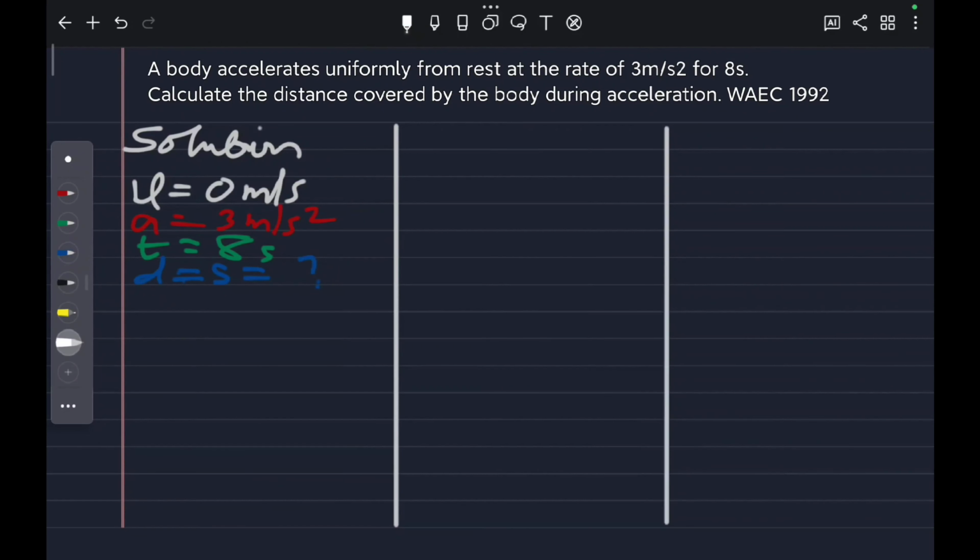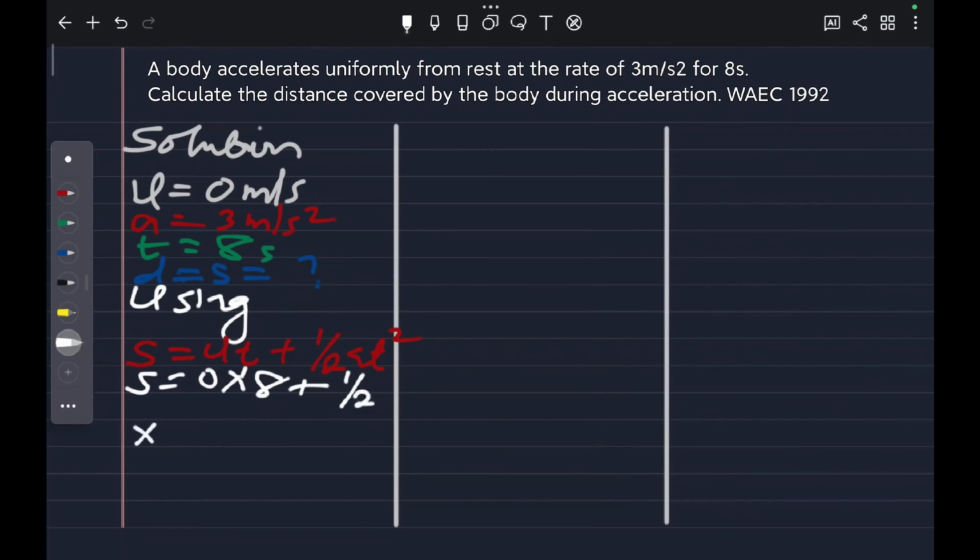And for the distance covered, we can apply the second equation of motion because of the distance there. We have UT plus half AT squared. By substitution, 0 multiplied by 8 plus 1 over 2 multiplied by 3 multiplied by 8 squared.